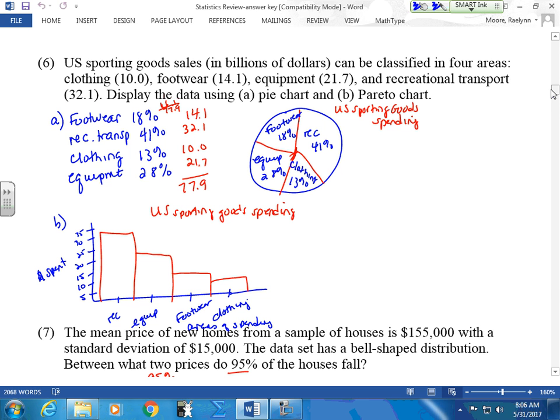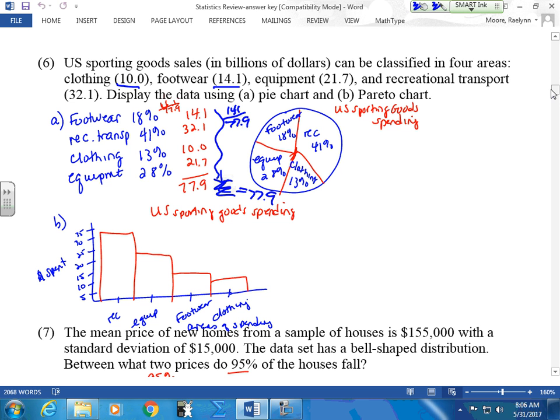So what you want to do is you want to take all these values, you want to add them up. Get a sum. And then to find your individual parts, it's part over whole. So it's 14.1 over 77.9.